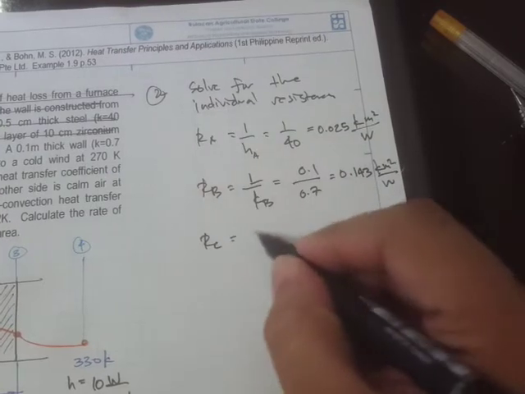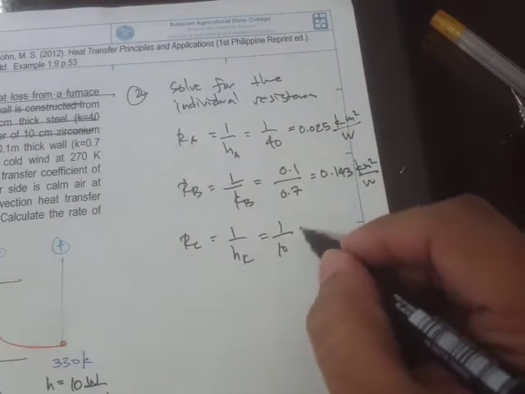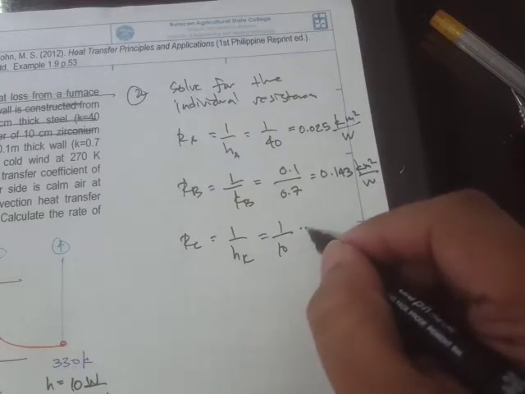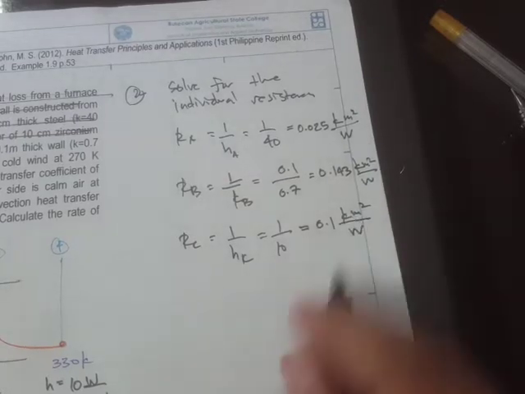Then R sub C is 1 all over H sub C, equal to 1 all over 10, which is 0.1 Kelvin meter squared per watts.